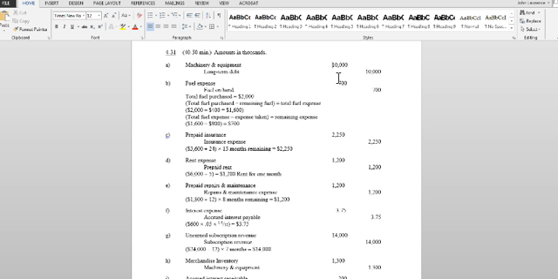So therefore, they would need to have at least $1,600 worth of fuel that went through the expense account.